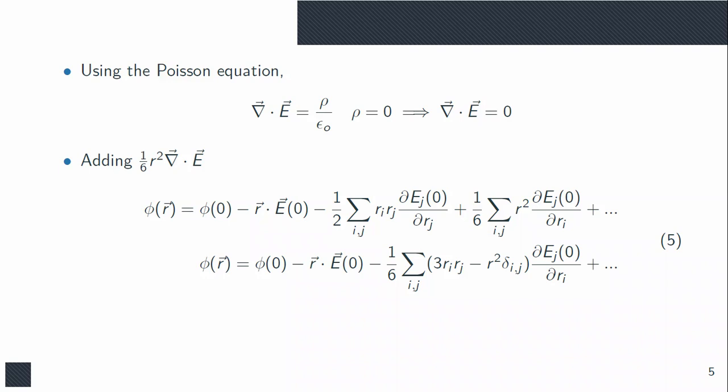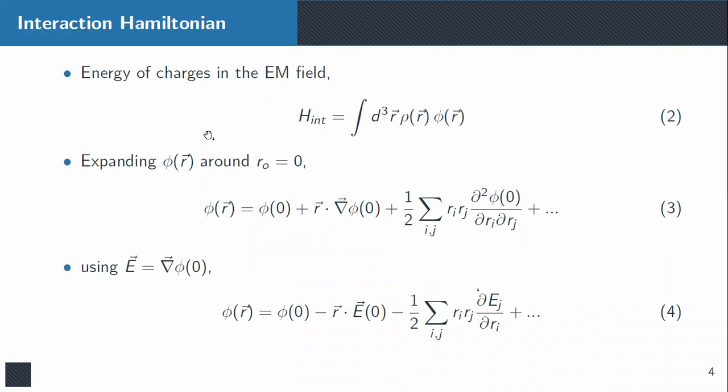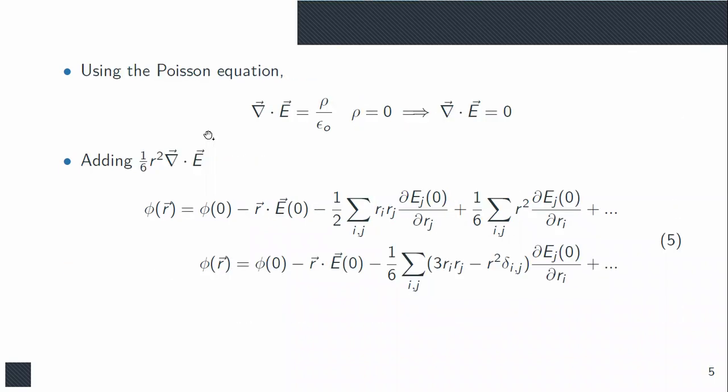So we can make this assumption and add this term related to the divergence of the electric field into our equation 4. This gives us a nice result in equation 5, and we can recognize many similar things from electromagnetic theory, and we will make use of this to see how the electric field is interacting with the charge distribution.